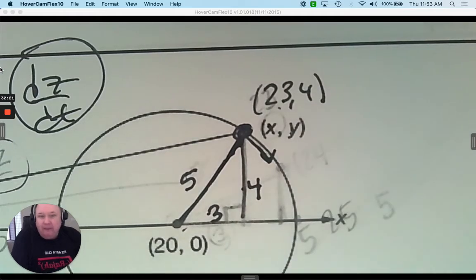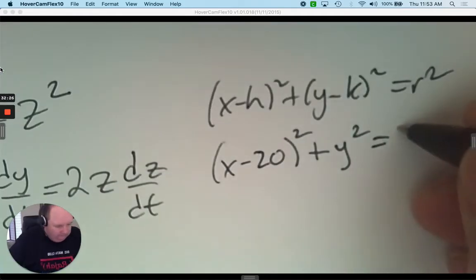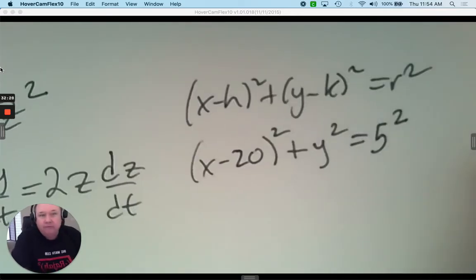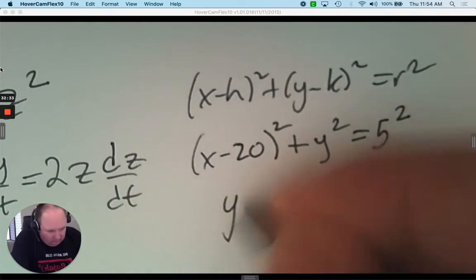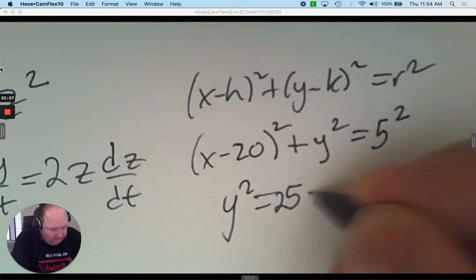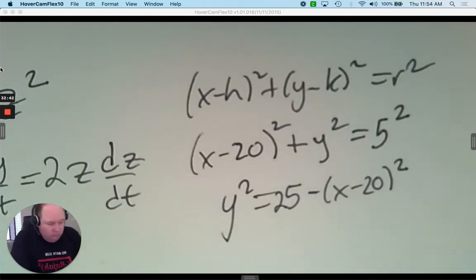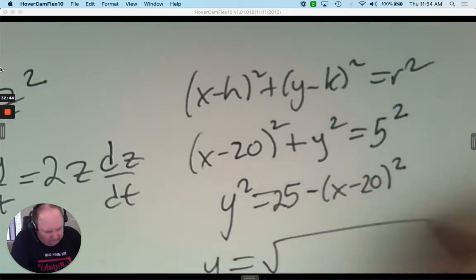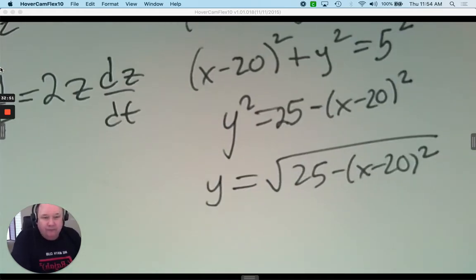This radius is 5. So I want to know what y equals, and then I'm going to plug it back in. So I got 5 squared, which is 25, subtract (x minus 20) squared. And then I would take the square root of that, right? So that's what I'm going to plug back in. That's what y equals.